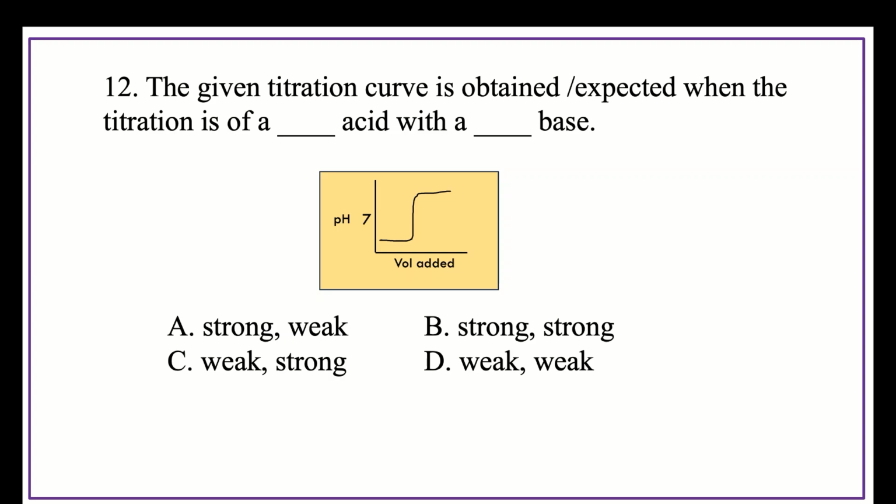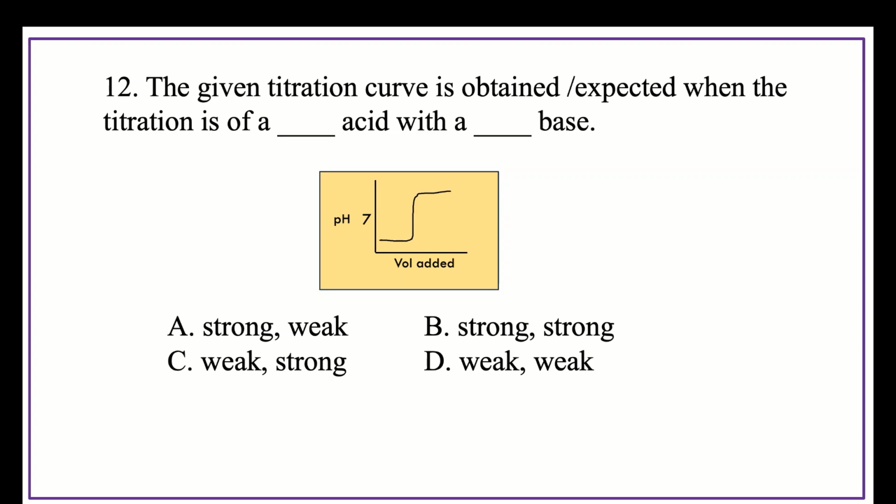Next question. The given titration curve is obtained or expected when the titration is of a blank acid with a blank base. So in the titration curve, if we see, the pH shows a drastic change near the end point or the equivalence point. And secondly, initially the value of pH is very low, that indicates that it is a stronger acid in the beginning.